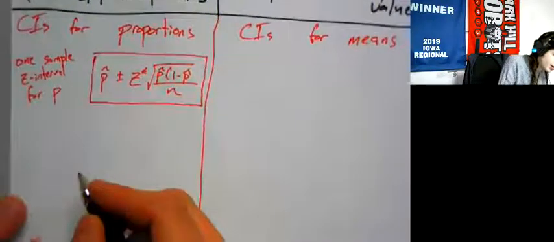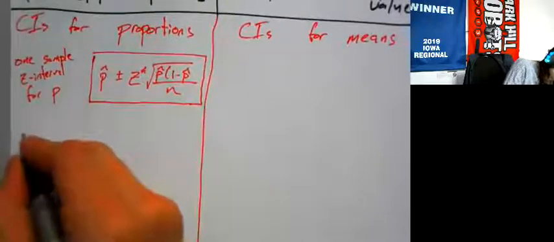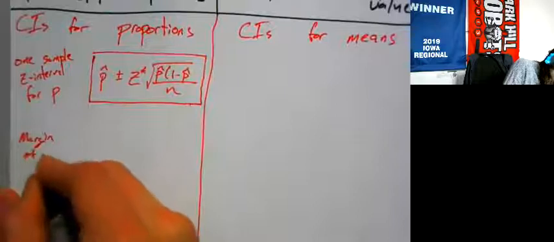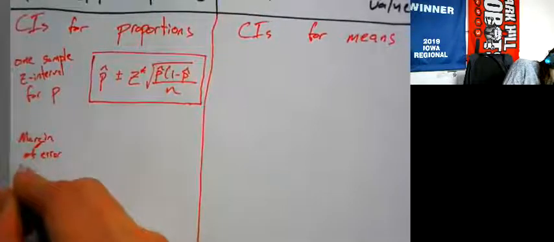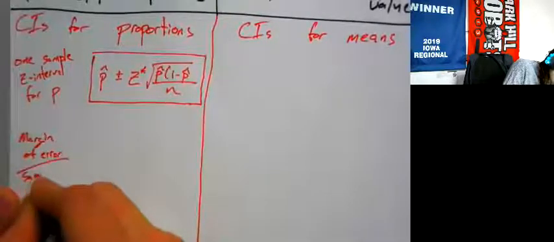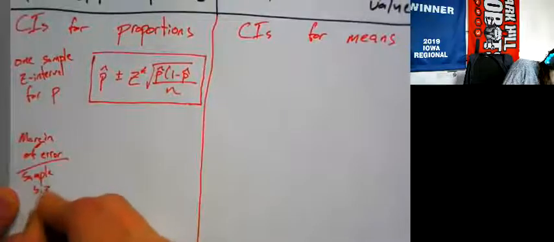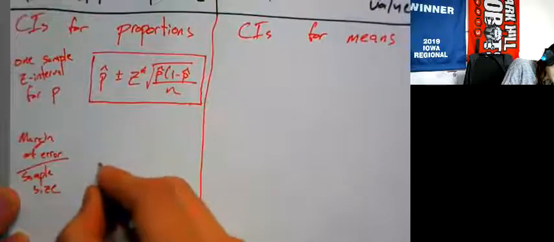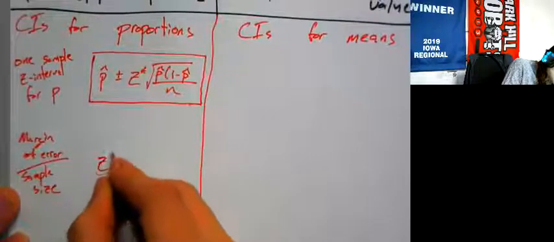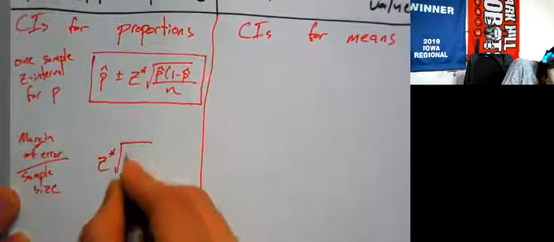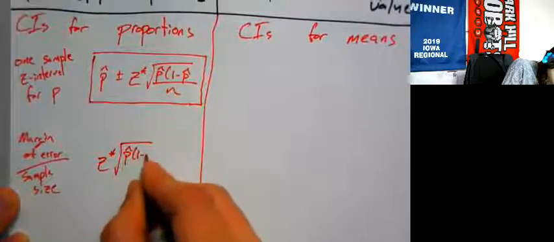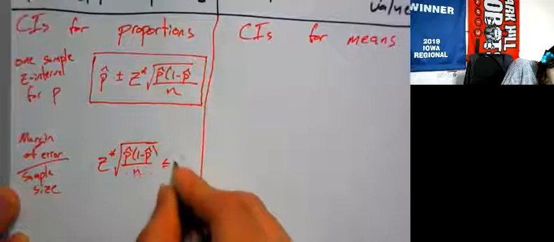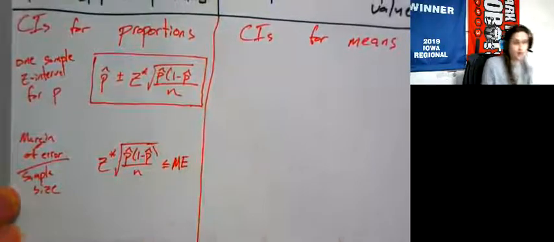We should probably put on here the margin of error calculations. That is sample size. So sometimes we'll have to say our margin of error, that is z star square root of p hat times 1 minus p hat over n, is less than or equal to some specified margin of error.